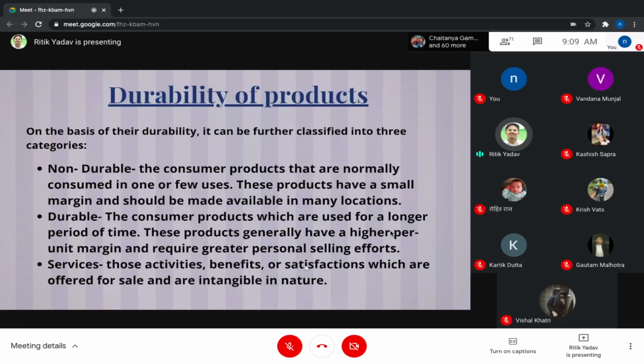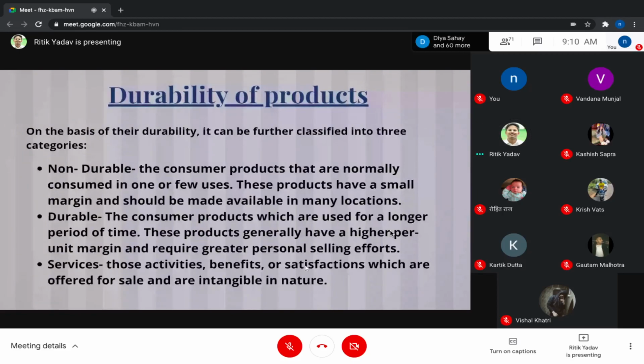Non-durable products are those products which are normally consumed in one or few uses. These products have small margins and should be made available in many locations. Examples: stationery, detergents, and eatables.